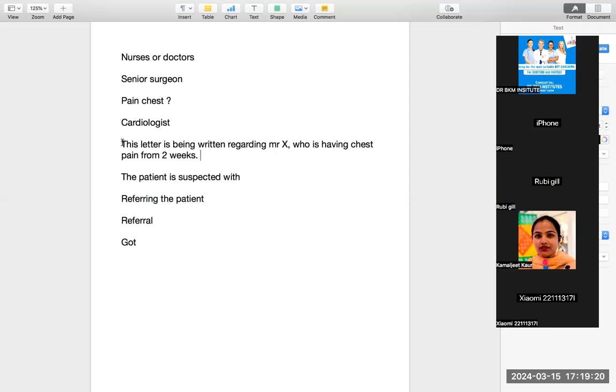Now, this is OET grammar. Whenever there is any continuous tense, when it comes with time, it becomes present perfect continuous. What does it mean? You will change it to "has been having chest pain for 2 weeks."